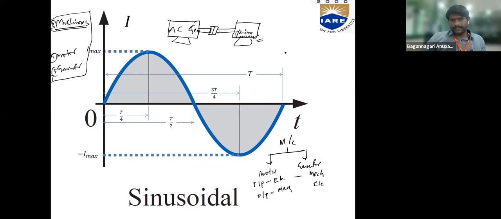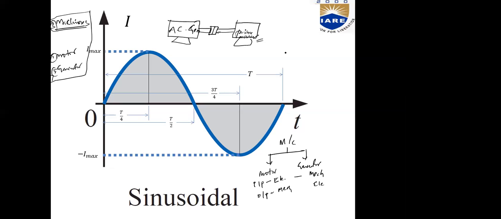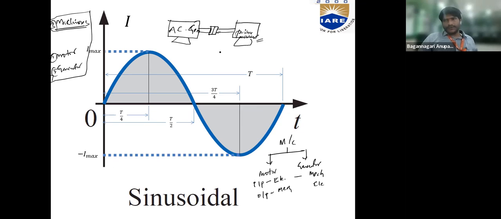Or can we call them active and passive elements? If you consider them as circuit elements, we represent every electrical component in terms of equivalent circuits.